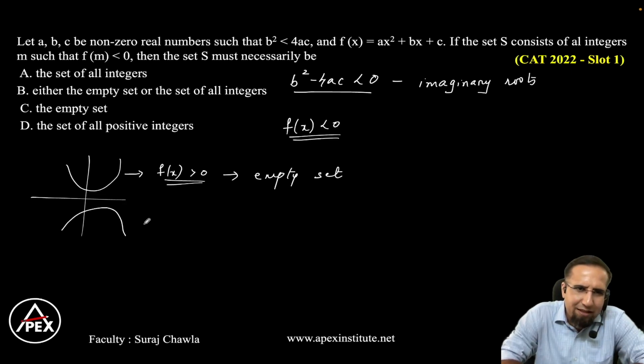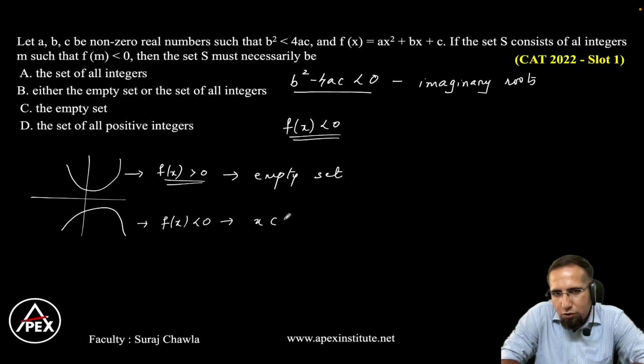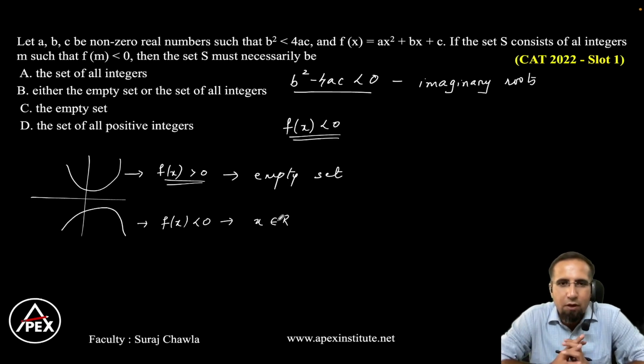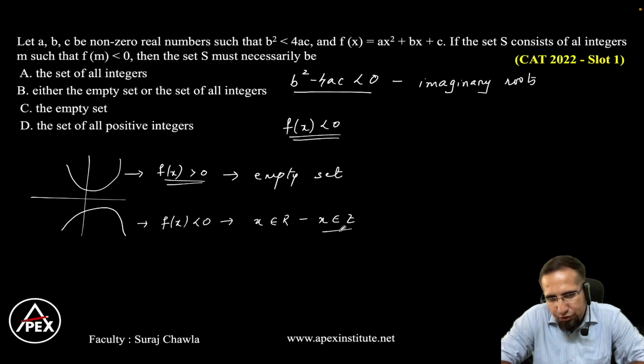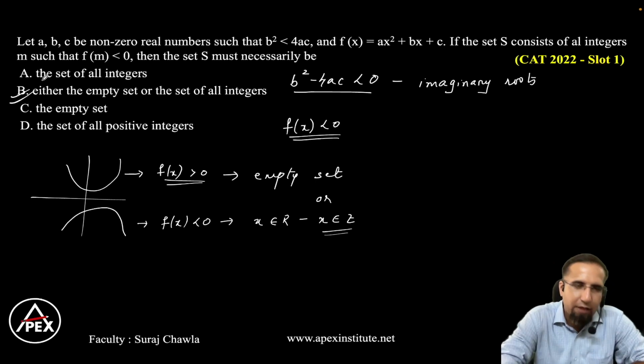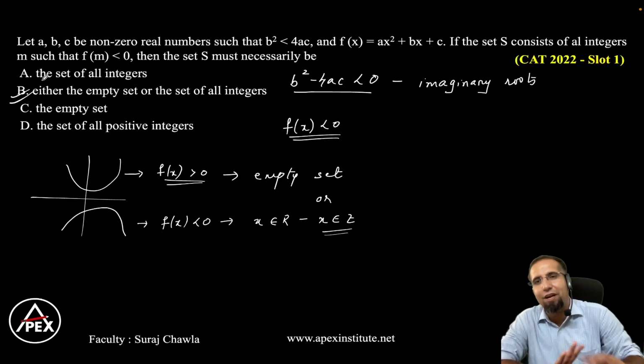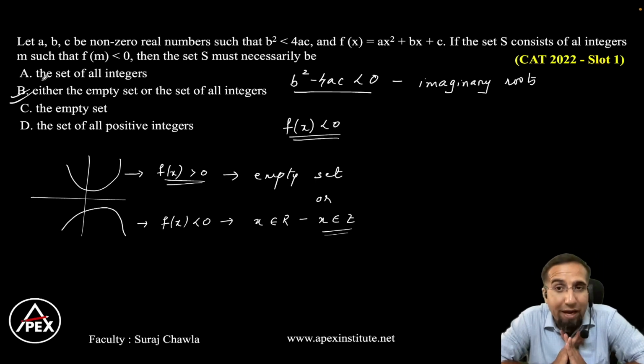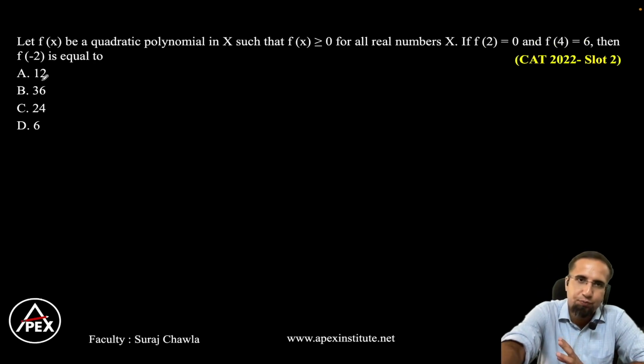Now, if the parabola is like this, then f of x is always less than 0. That means x belongs to real numbers. But I am told that S consists of all integers, so I can also conclude that x belongs to integers. So either I can have an empty set or I can have a set of all the integers, and therefore our answer here becomes option B, which was not a very difficult question to answer, provided you know quadratic equations.